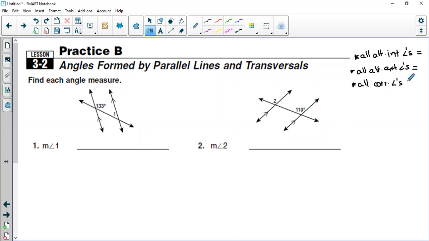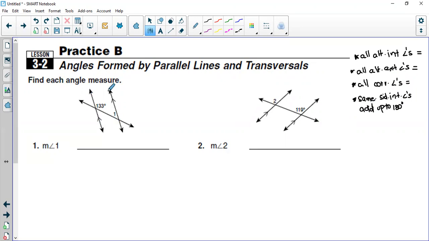And finally, we have the same-sided interior angles. Same-sided interior angles add up to 180 degrees. So these are the theorems and the postulates which we learned. Based on this, let's try to solve this question.